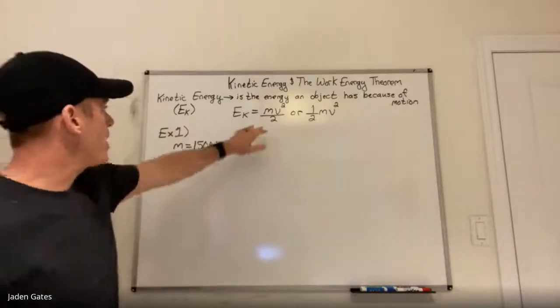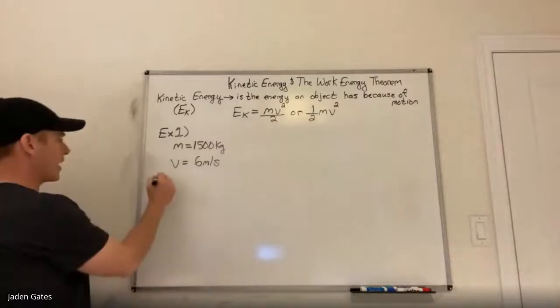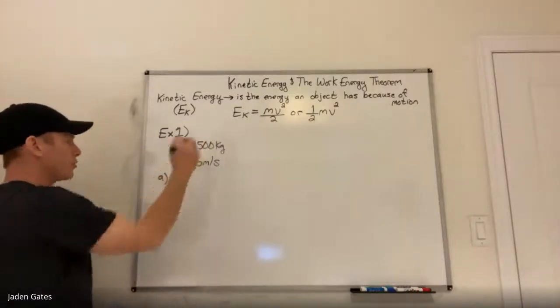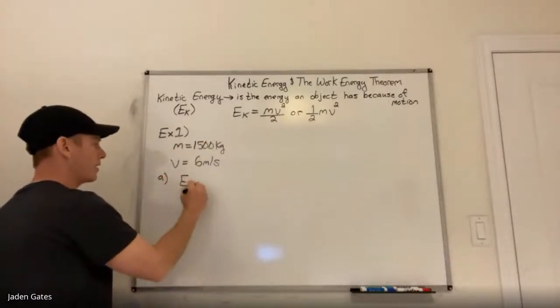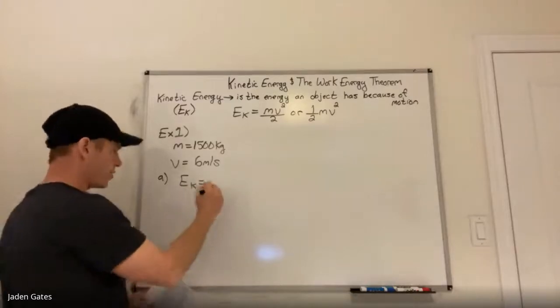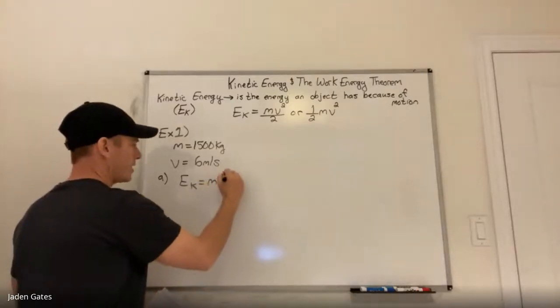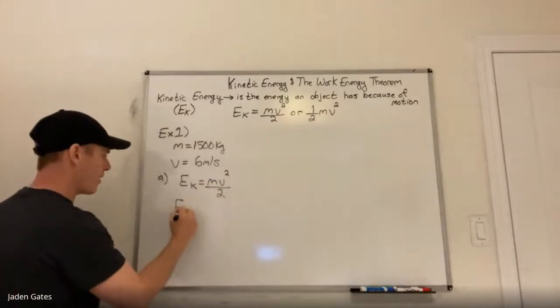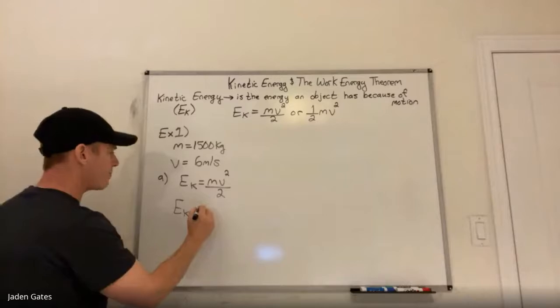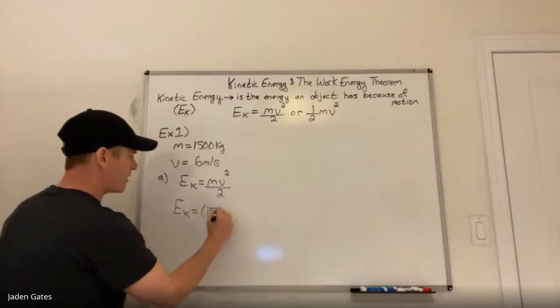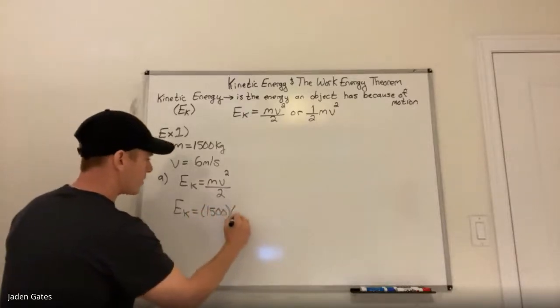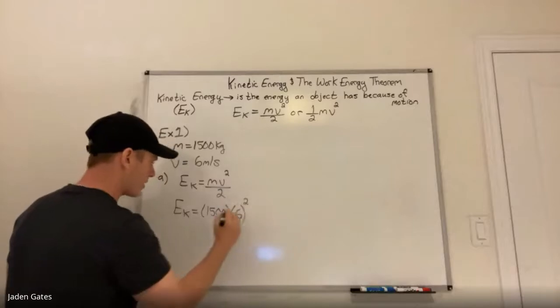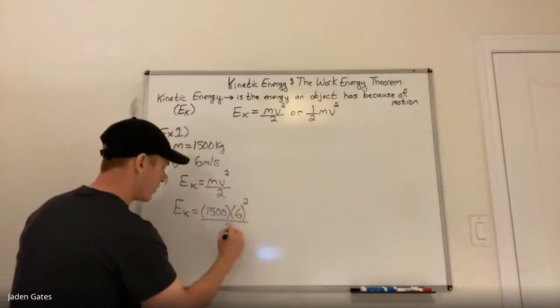So if I'm finding the kinetic energy of our whale, I'm going to use my formula: EK is equal to mv squared divided by 2. If I substitute in my values, I have my mass, which is 1,500, my velocity, which is 6, squaring it, divided by 2.